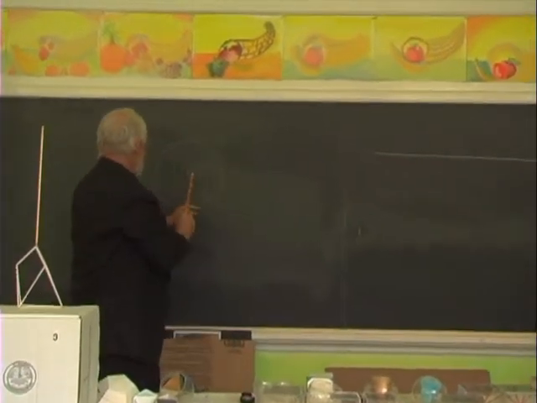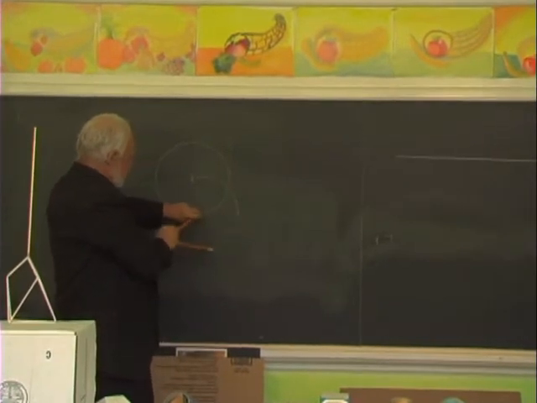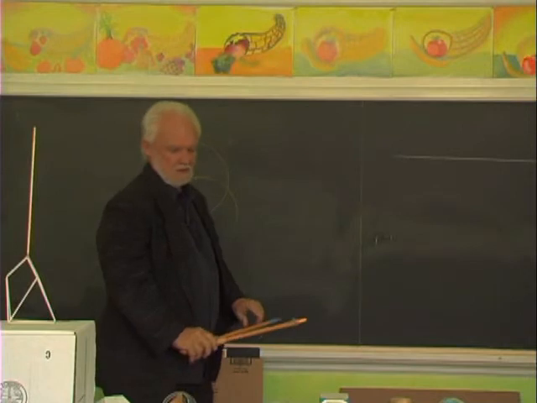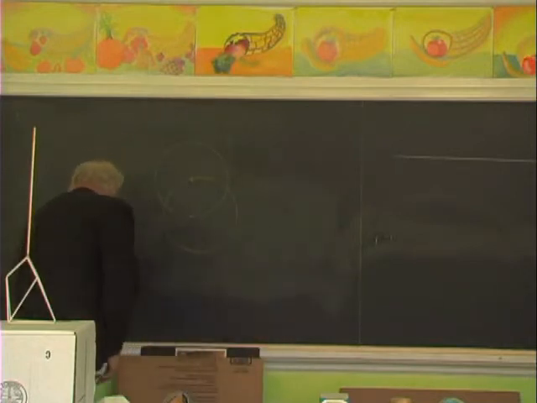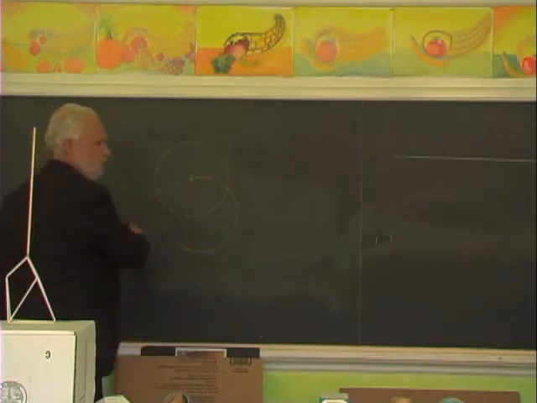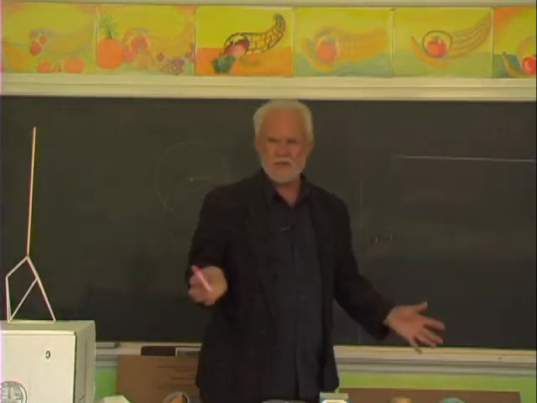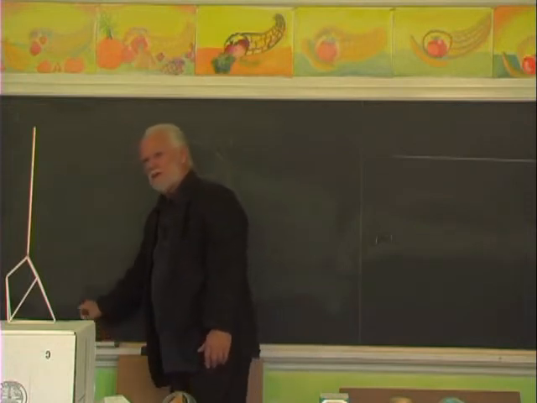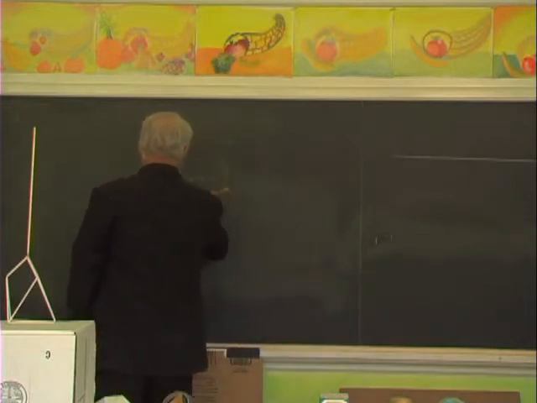Doesn't matter where I draw it, as long as it's the periphery to the center. Every single time, this is root 3. Always. And root 3's can't be measured. You can't measure root 3.